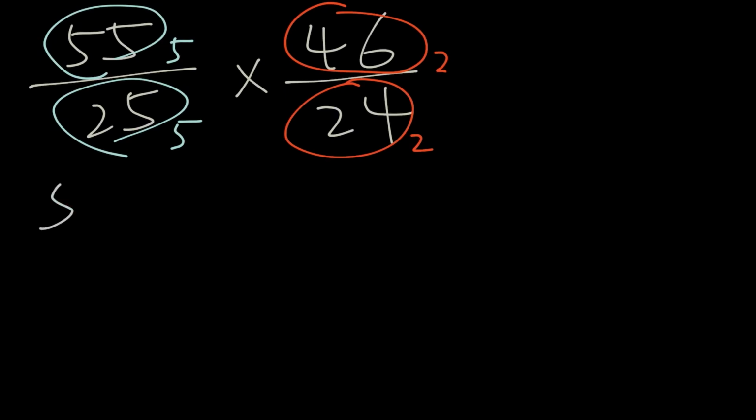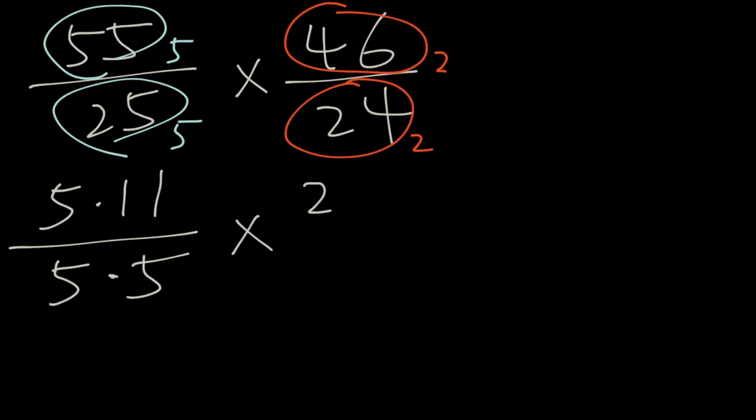So we'll write out like this: 5 times 11, 5 times 5, 2 times 23, 2 times 12.